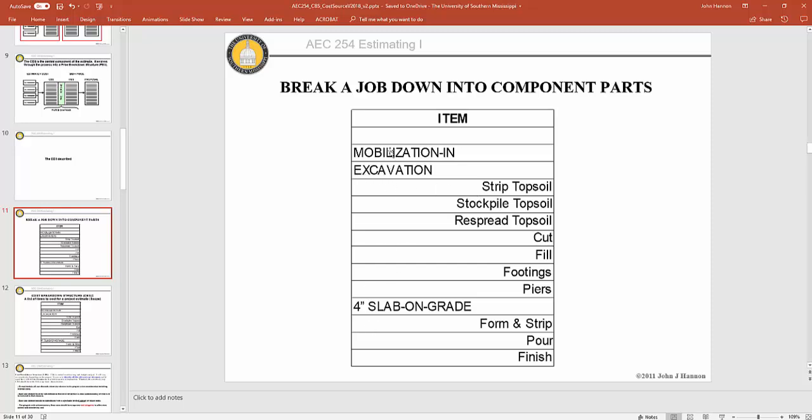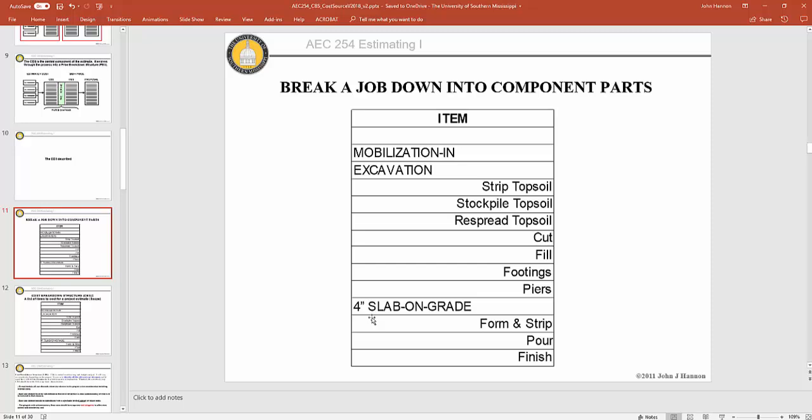It could be just three things. It could be mobilization, excavation, slab on grade, or I can break these down into more detailed items underneath the parents.